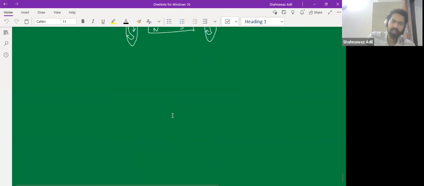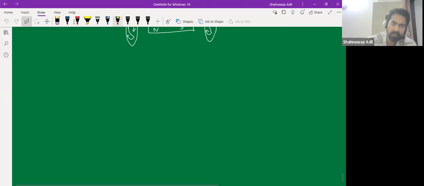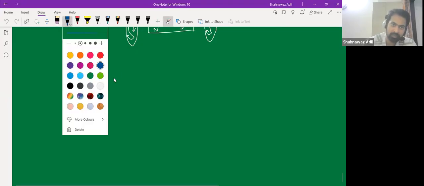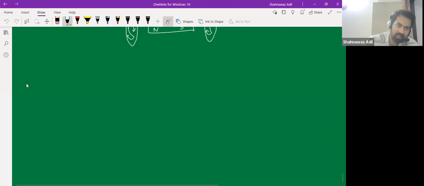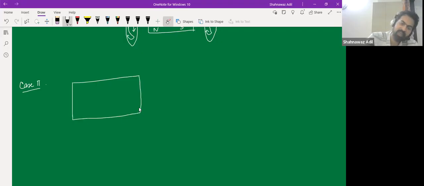Now the second case is that we have a magnetic field, right? We have this magnetic field. So in the previous case, what did you do? In the previous case, you were moving the magnets, right?